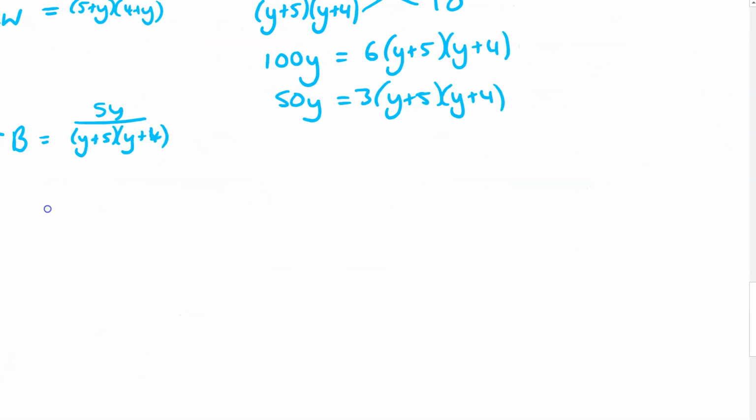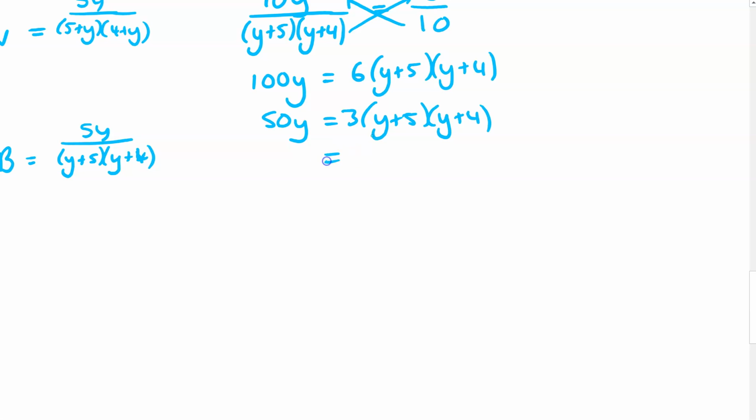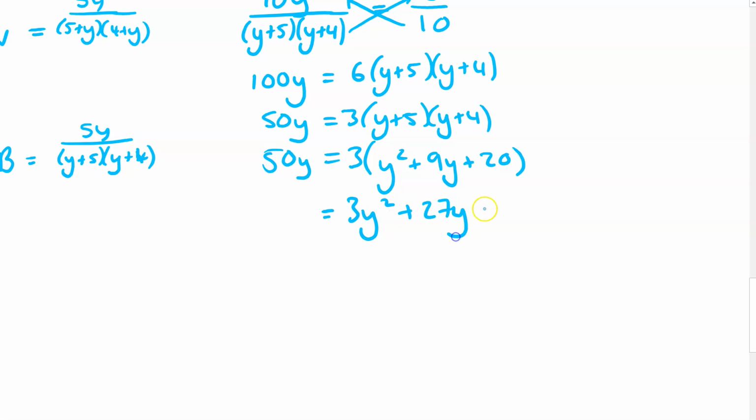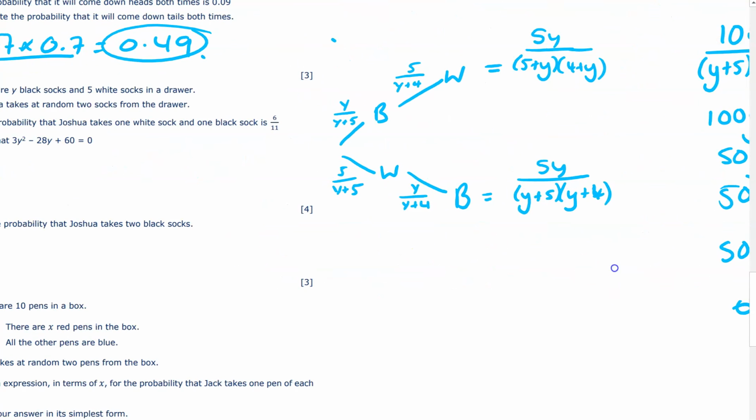Oh, I've got to expand it, haven't I? I've got to solve it. Alright, so I've got 3 lots of y squared plus 9y plus 20 is 55y. So 3y squared plus 27y plus 60 is 55y. So 3y squared minus 28y plus 60 is 0. Which I think is what we're asked to solve.